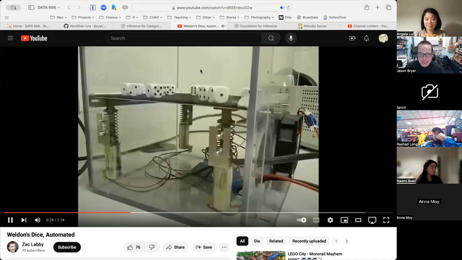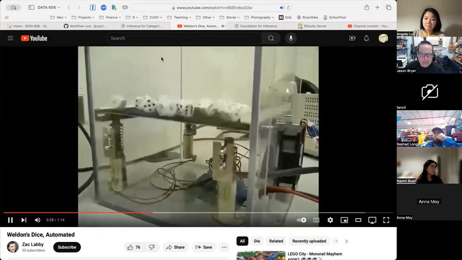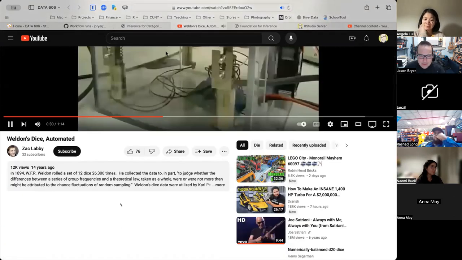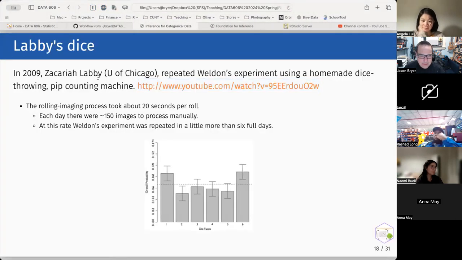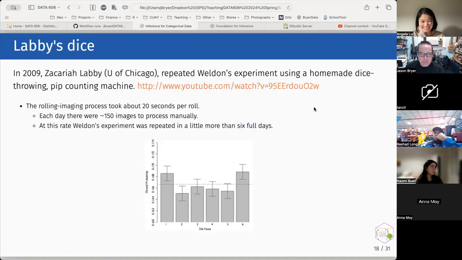It pauses for a second to take a picture, and then he had software to process the images. Even with a machine, it still took Labby 6 full days to get the same number of samples that Weldon did a century before. So it's just mind-boggling to me. Anyways, these are the results that Labby had.